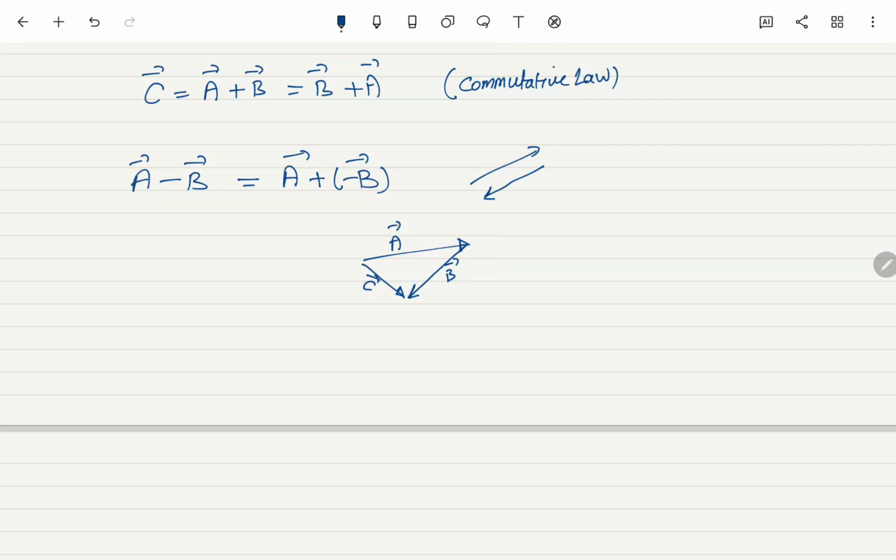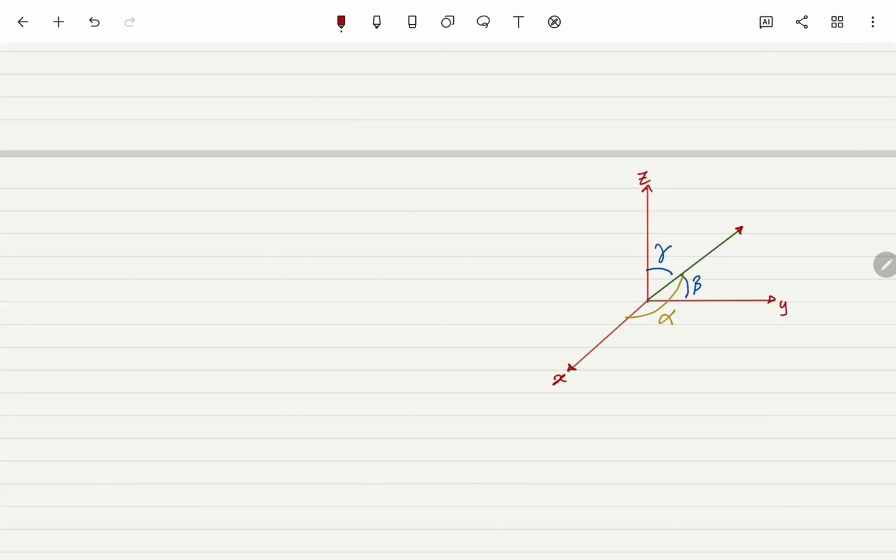One important note here: the geometrical representation of a vector does not depend upon any coordinate system. So let's have this situation here. If this one here is vector A, which has three components, one on X, one on Y and one on Z. In this case, the angle with the x-axis is alpha, the angle with the y-axis is beta, and the angle with z is gamma.